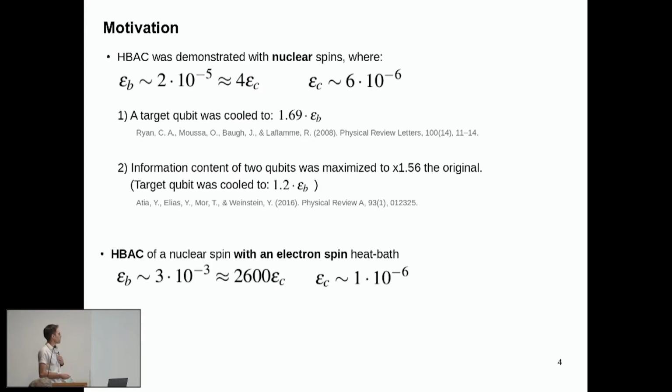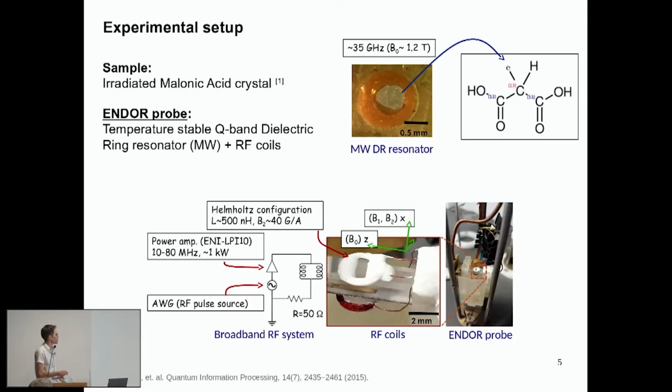However, we want to use an electron spin as our heat bath, and then we'll have a high gain. Our heat bath polarization will be almost 3,000 times the polarization of the qubit we're trying to cool. So the system we're looking at here is a system that was suggested in the past as a good candidate to do exactly that.